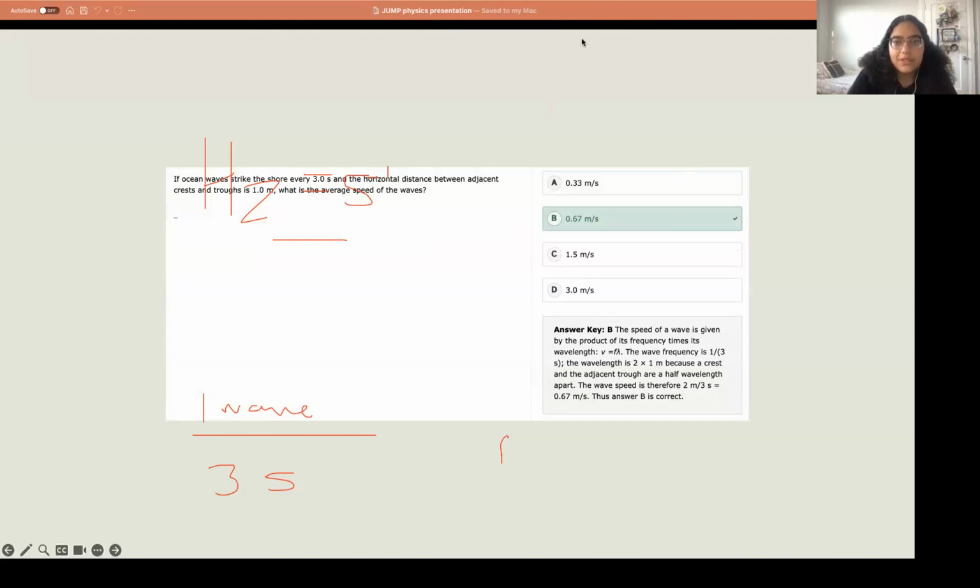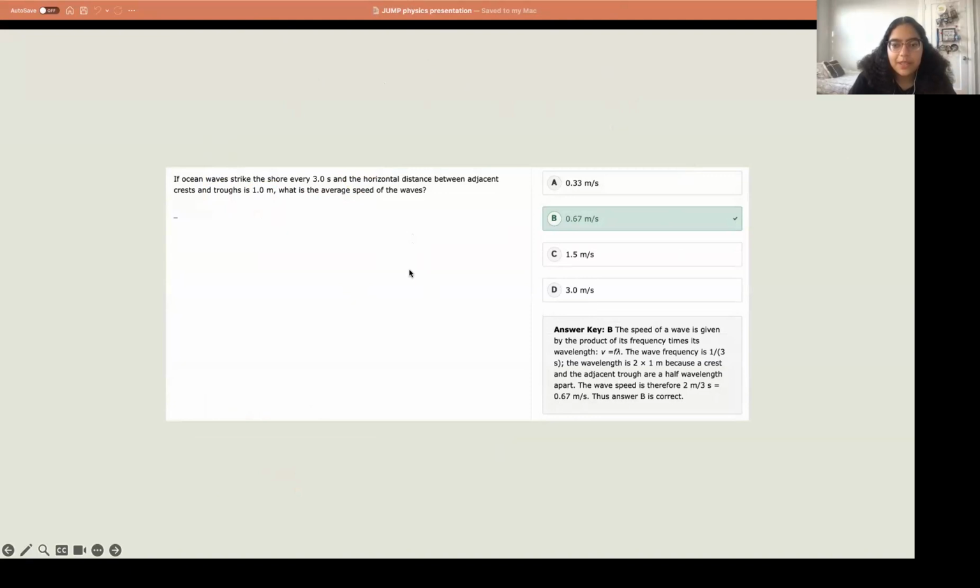Oh, wait, let me clear the drawings. Okay, there we go. And the wavelength, the wording's a little weird, but adjacent crest and trough is 1 meter.